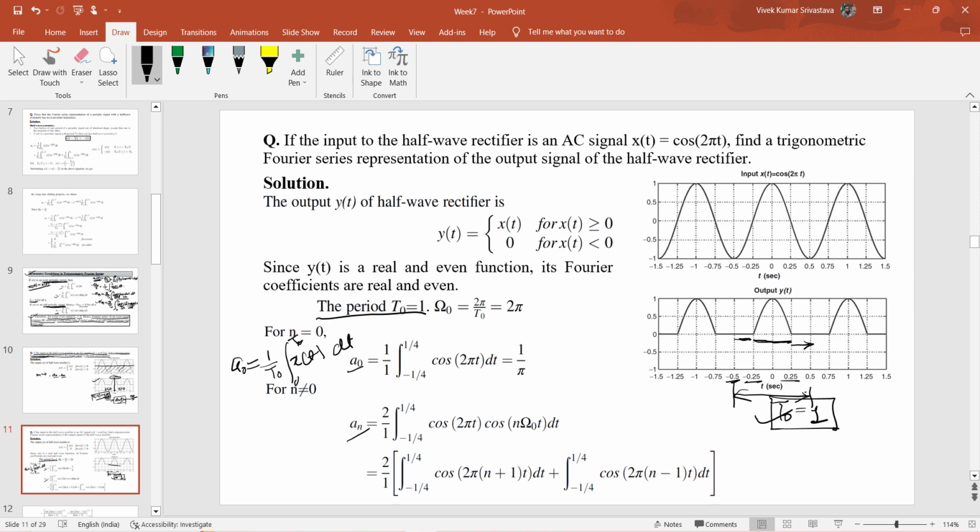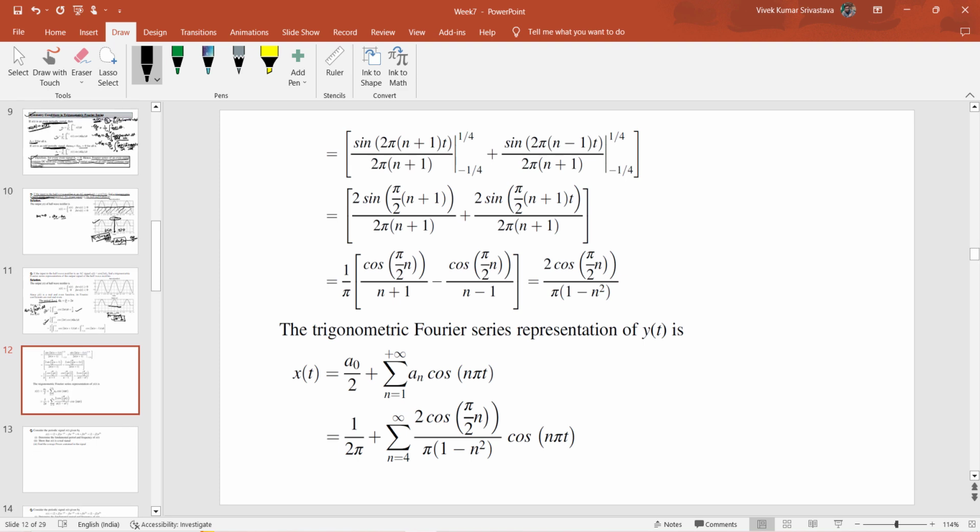And for the next interval beyond 0.25, the value of the signal will be 0. That's why here I am considering the period from minus 0.25 to 0.25. I am leaving this integration over to you, so you can evaluate it later.